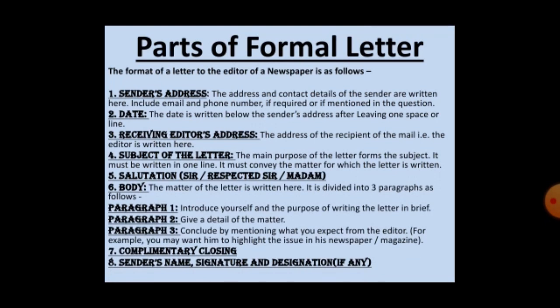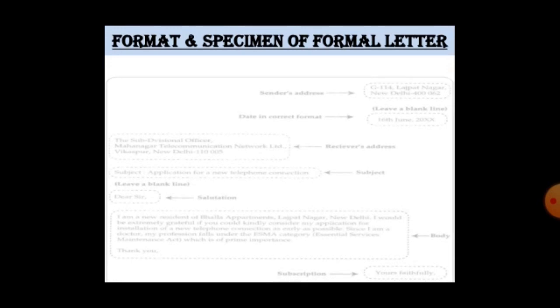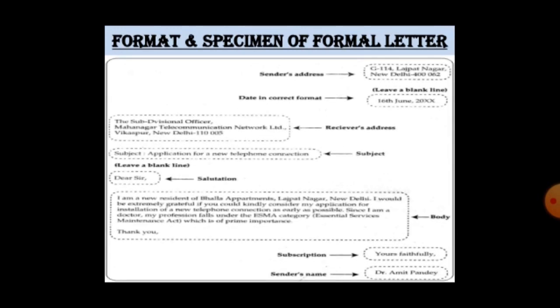Okay students, these are the parts of a formal letter. So now I move towards the format and specimen of a formal letter. So basically you see here on the top the sender's address, then you can also see the date after the sender's address. Then we have to mention the receiver's address, and after leaving a line we mention the subject, the theme of the letter.